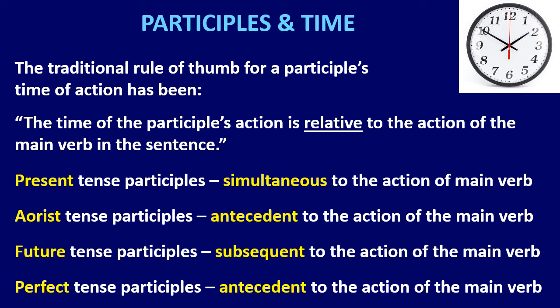With the present tense participles, they were simultaneous to the action of the main verb. Aorist tense participles are antecedent to the action of the main verb. Future tense participles are subsequent to the action of the main verb. Now in the case of perfect tense participles, they are going to be, like the aorist, antecedent to the action of the main verb normally.